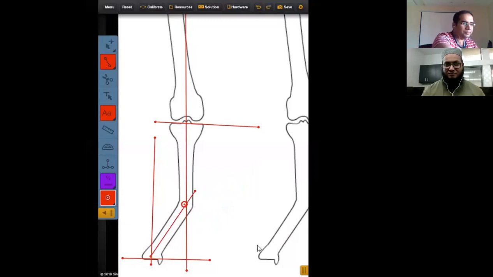So let us correct the deformity and see whether what I am saying is right or not. Let us plan a supramalleolar osteotomy over here. Here I am doing a supramalleolar osteotomy.